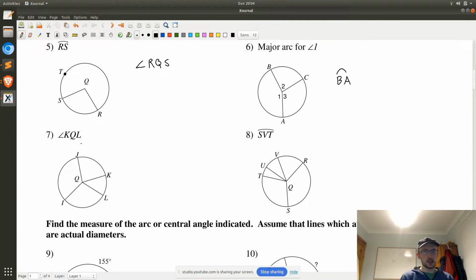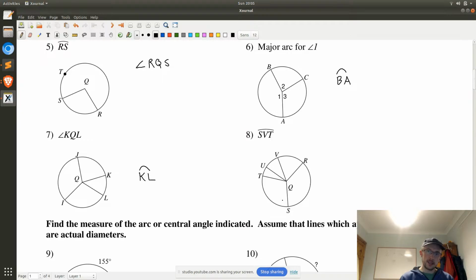Angle KQL, so that will be this acute angle there. And the arc for that will be arc KL. Arc SVT. Why did they give it those 3 letters?